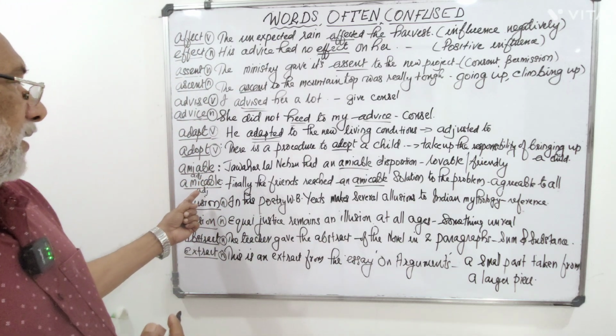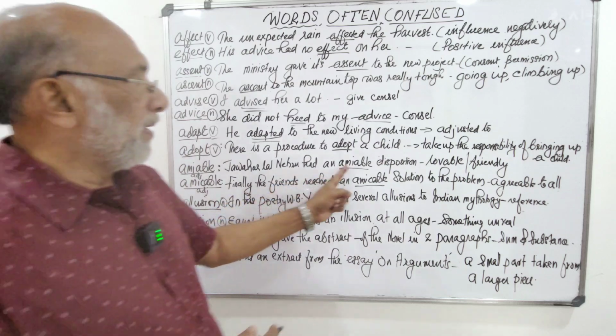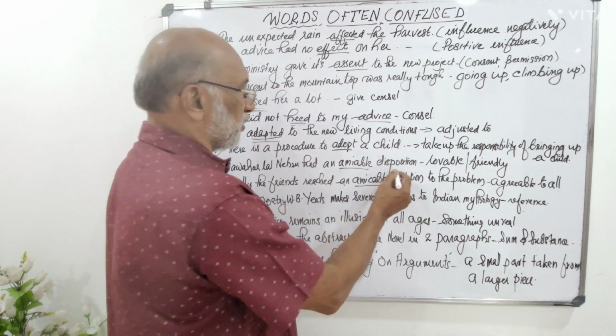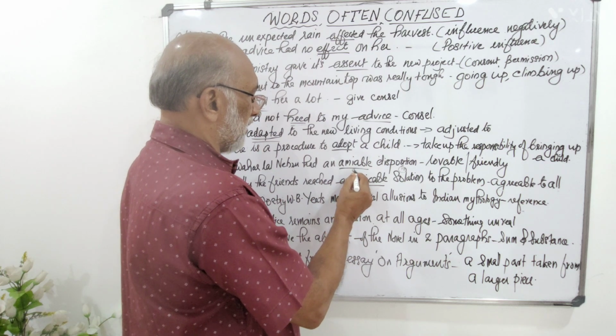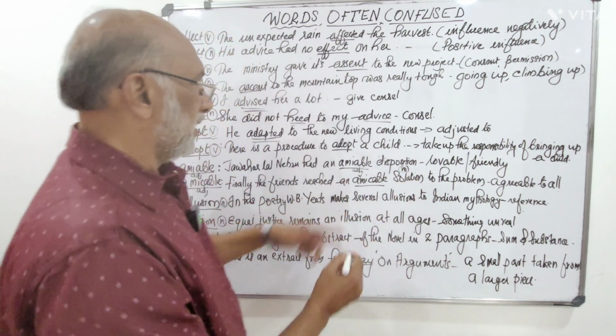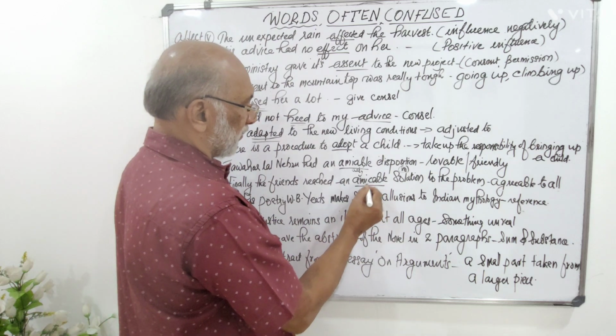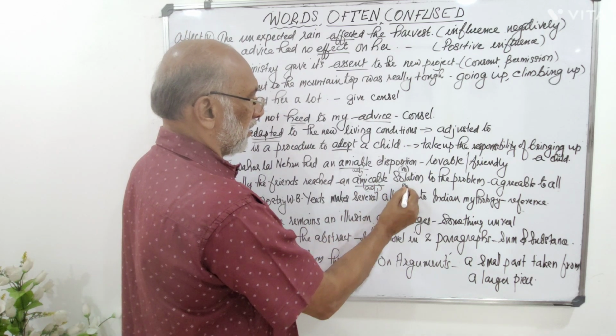Here both these words are adjectives. In amiable disposition, disposition is a noun and amiable is an adjective. In the second case also, this is an adjective and this is a noun.